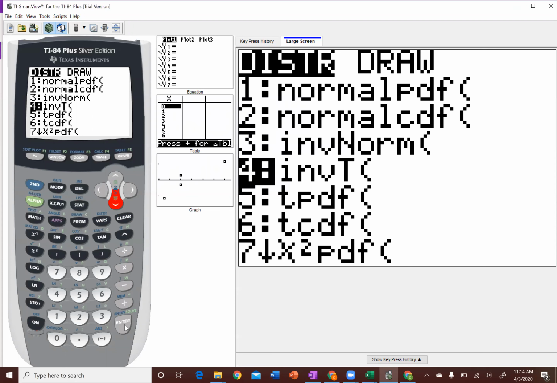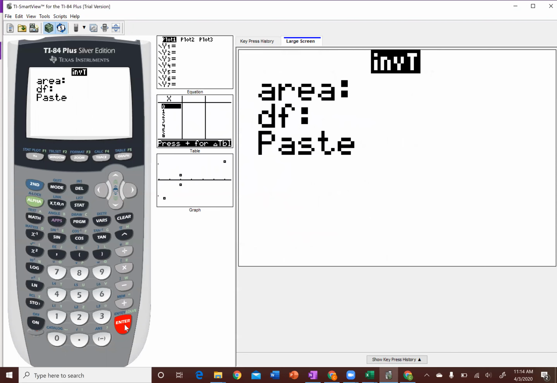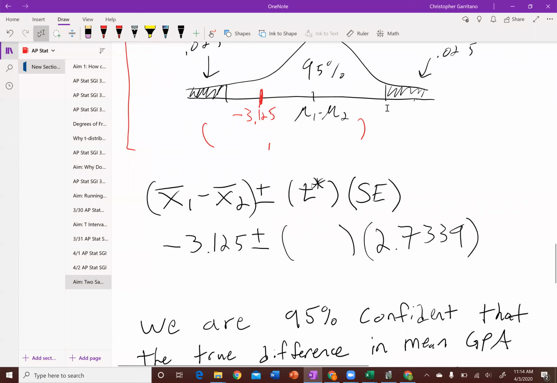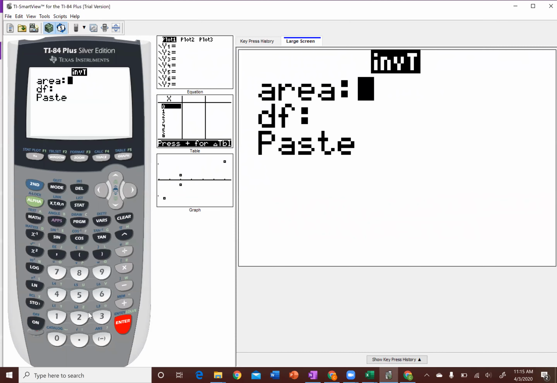All right, so inverse T, area. So we're talking about area to the left of this upper bound, right? Over here, area to the left of this value. That, of course, is the 97.5th percentile. So I'm going to type in 0.975.